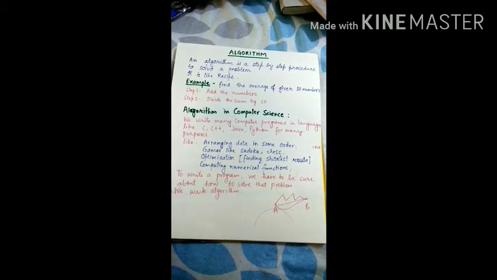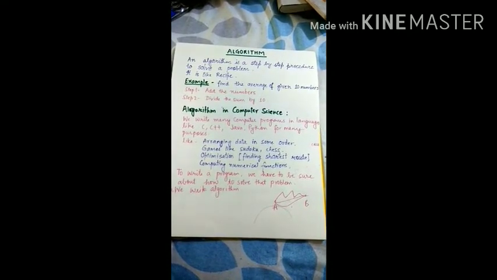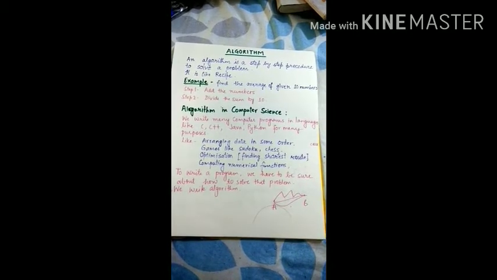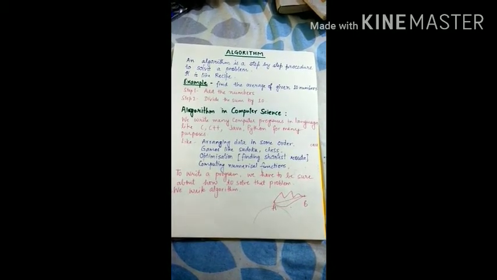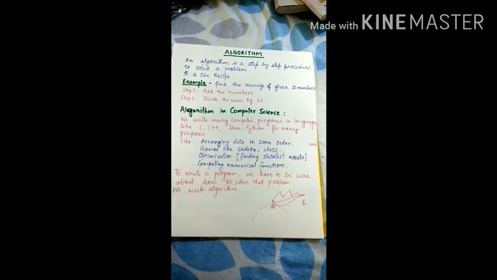Then the second thing is games like Sudoku or chess. And the third is the optimization problem. What kind of optimization problem? Optimization problems are the problems in which we find some optimal solution, like finding the shortest path. For example, if you want to go from point A to point B, there are many paths available. You would try to find the path which takes less time.